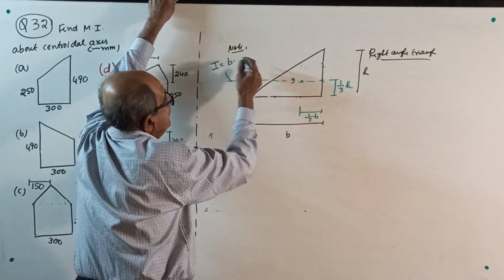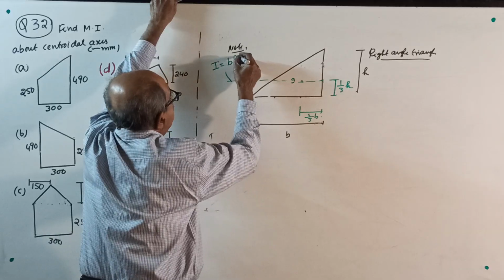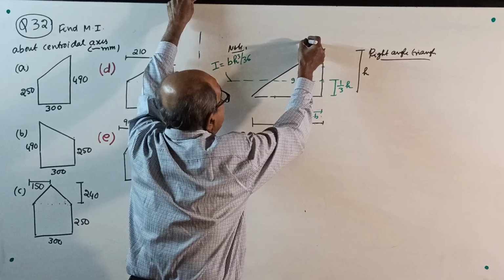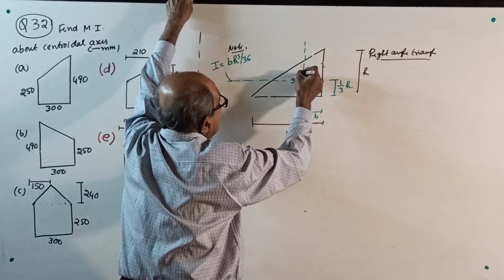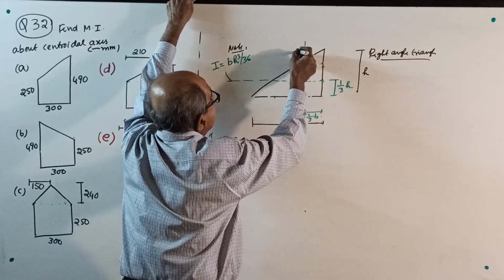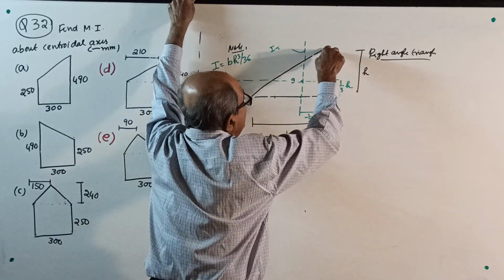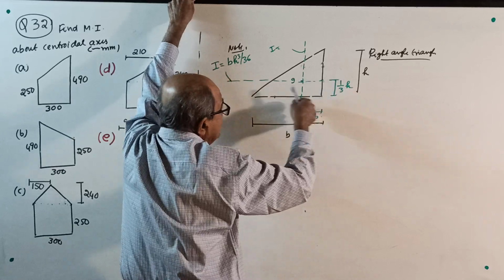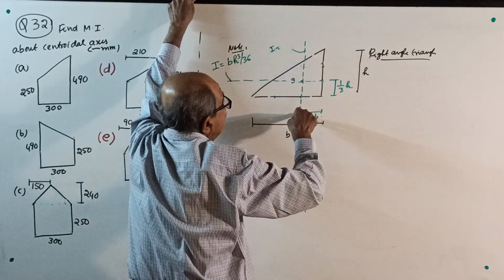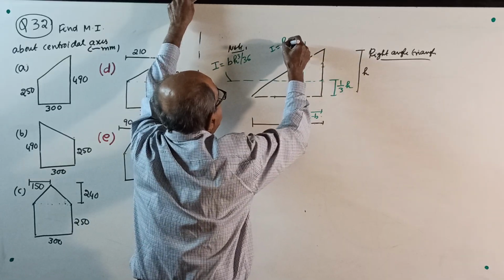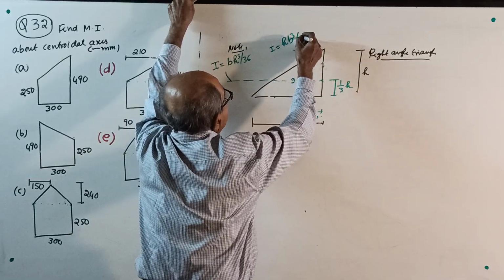It is b into h cube divided by 36. Then the moment of inertia about this other centroidal axis: now do one thing, look from this side. You take this as the base, then this will become the height. So for this axis, the parallel side is h. So I equals h into b cube by 36.